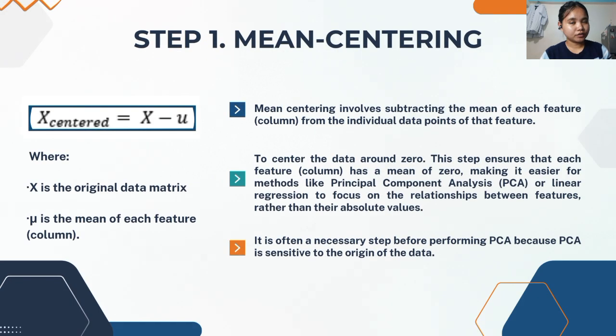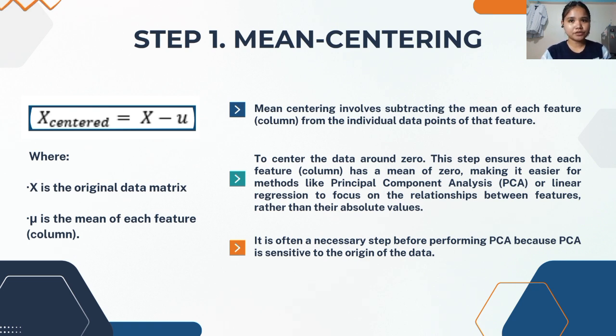So let's take a look at the steps one by one. The first one is mean centering. In mean centering, it involves subtracting the mean of each feature, or each column, from the individual data points of that feature. So we have here the formula: X sub-centered is equal to x minus mu, where x is the original data matrix and mu is the mean of each feature column.